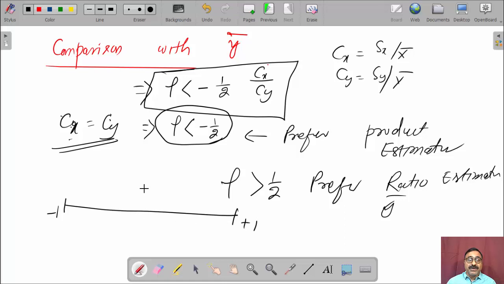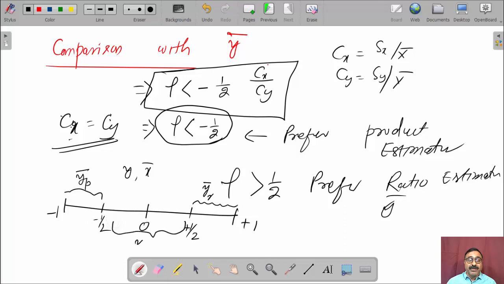So consider the correlation coefficient between the study variable and the auxiliary variable through 0. Now this is -half, this is +half. If rho is greater than half, we prefer the ratio estimator YR bar. If rho is less than -half, we prefer the product estimator YP bar. And in between, when rho lies between -half and +half, we prefer the simple mean estimator y bar.